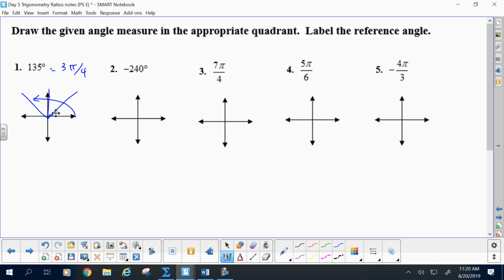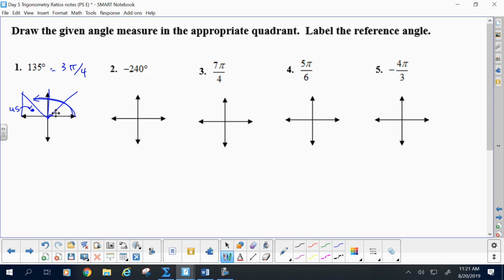Remember, we always start at the positive x-axis. Oh, sorry, it says label the reference angle. What's the reference angle? If that's 135 degrees, then what's this angle in the triangle? It's a 45-degree angle, okay?